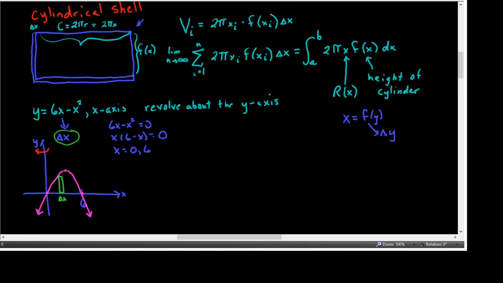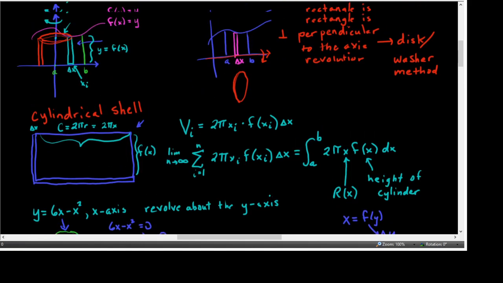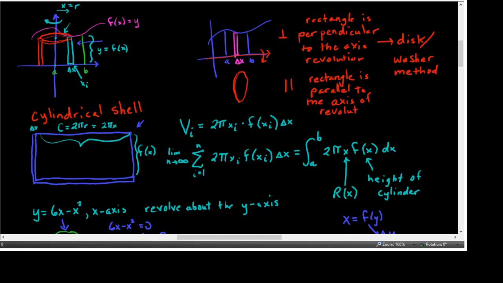And when we have a parallel situation, when the rectangle is parallel to the axis of revolution, that means that we are actually using cylindrical shells.